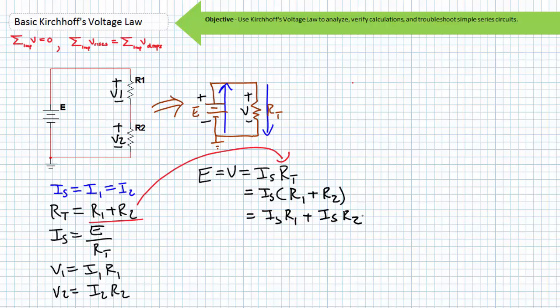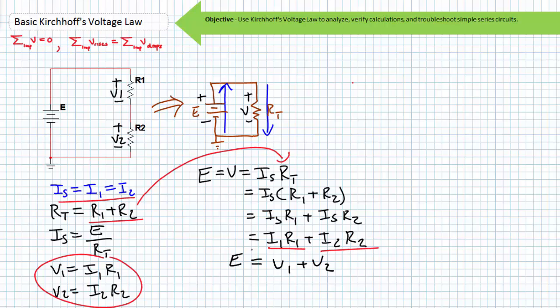Understanding the most fundamental aspect of series circuits is that current through elements in series is the same. Because IS equals I1 equals I2, I can rewrite this as I1 R1 plus I2 R2. Using our understanding of Ohm's law, we realize that I1 R1 is V1 and I2 R2 is V2.